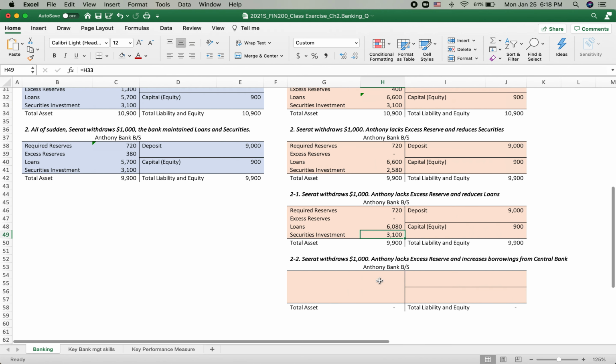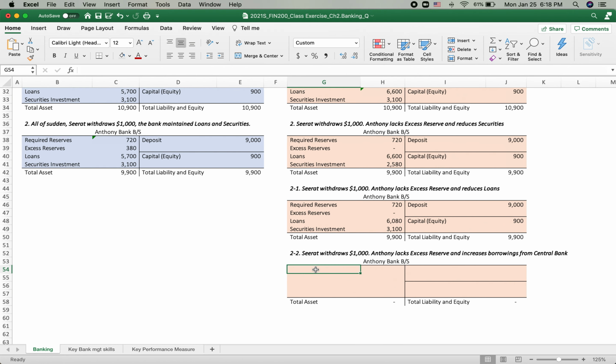Okay. Now this case is C-Red withdraws $1,000. Anthony lacks excess reserve and increases borrowings from the central bank. Okay, so required reserve, then excess reserve, loans and securities investment.